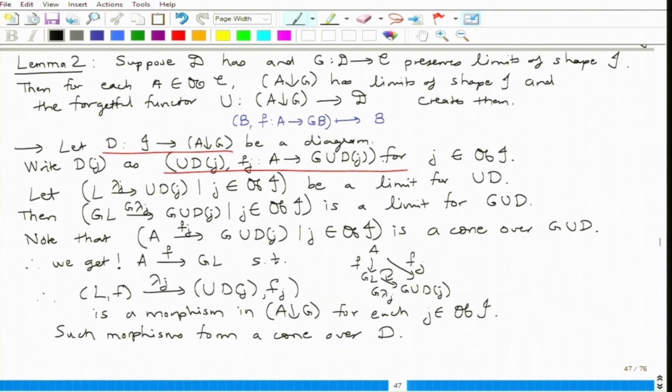And well, now I think you understood the idea how the interplay between cones and morphisms work. So I will leave it as an exercise to verify. It's easy to verify. We have seen such proofs multiple times by now, that this cone is indeed a limit cone.